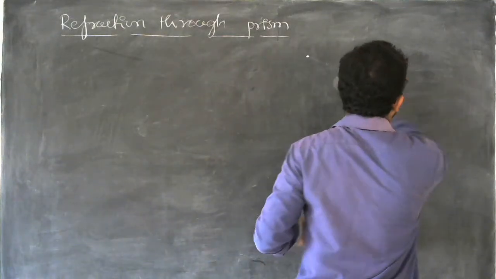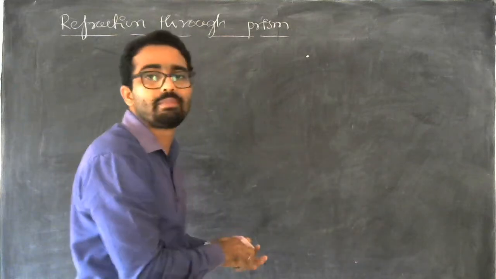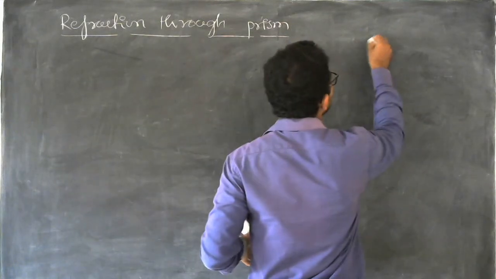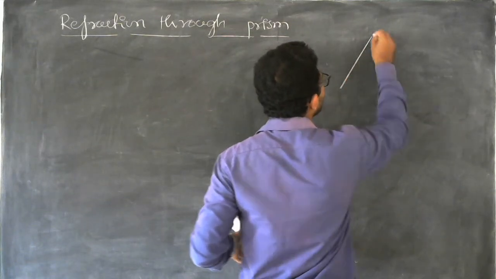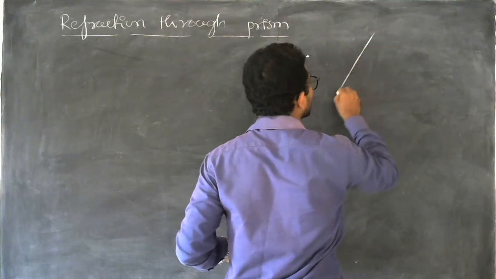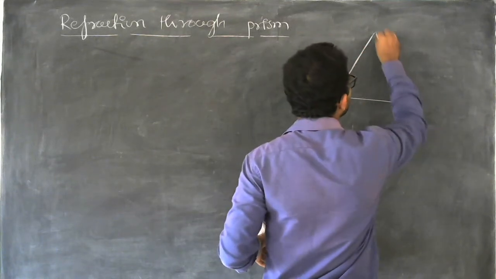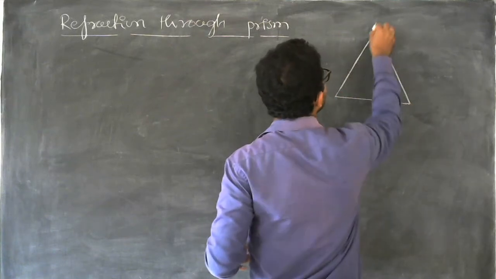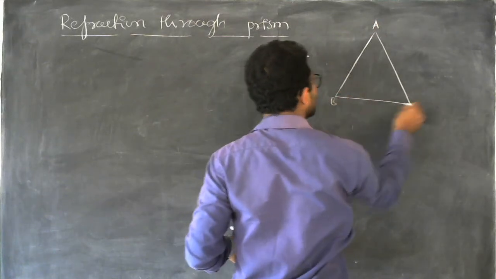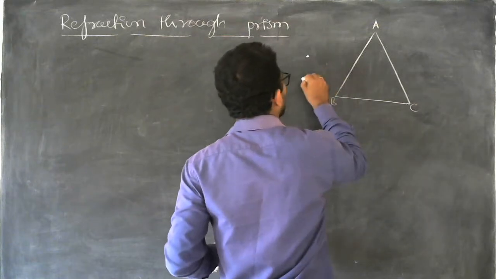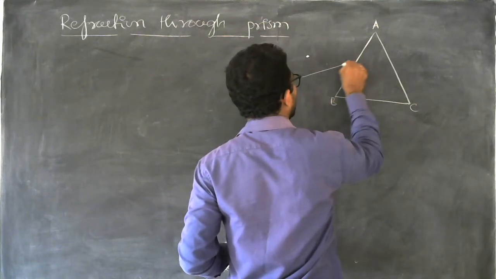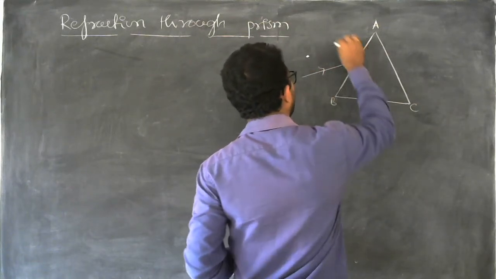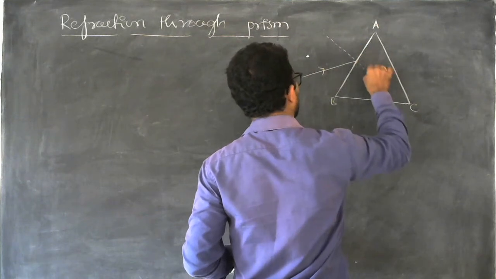Now we have to consider an equilateral prism ABC. Now we are making a ray of light incident. At the point of incidence, we should draw a normal.